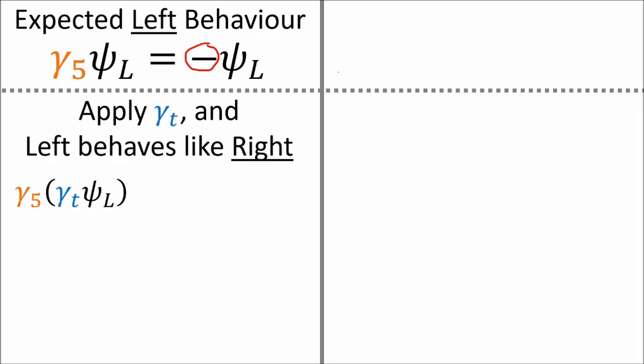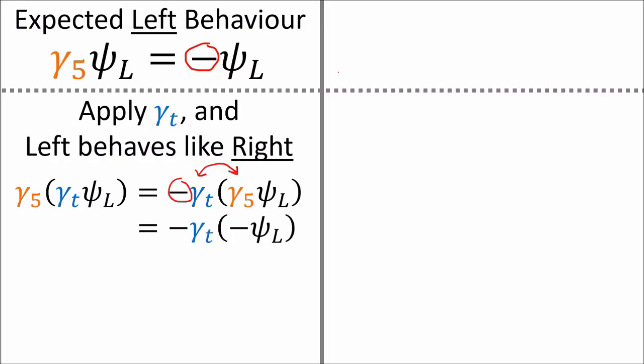Applying gamma 5 to gamma t times a left spinor, then swapping the two gammas gives us a negative sign. And the -1 eigenvalue cancels with this to give +1. So gamma t times a left chiral spinor has an eigenvalue of +1, just like we'd expect from a right chiral spinor.